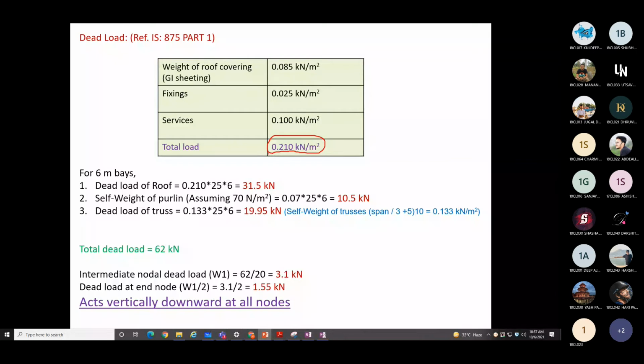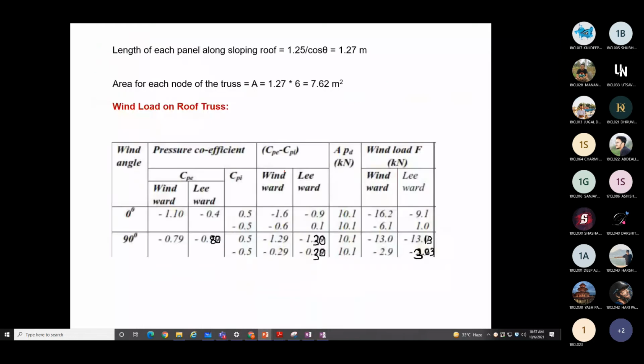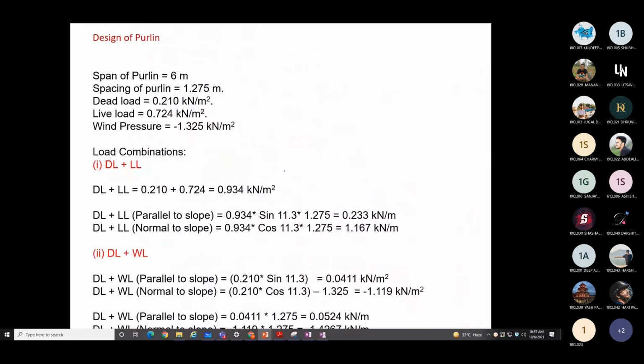We require that load in terms of per meter square, so we don't have to multiply with area as we did in the dead load calculation. So the roof load in kilonewton per meter square is given.